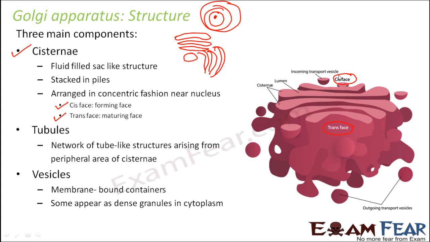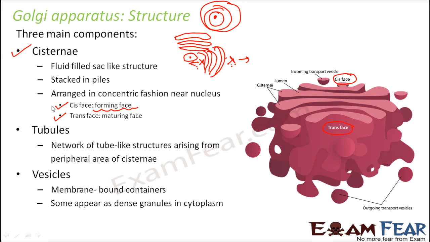This phase is towards the nucleus and this phase goes away from the nucleus. So the names given to these two phases are cis phase and trans phase. Cis phase is also known as forming phase and trans phase is also known as maturing phase.